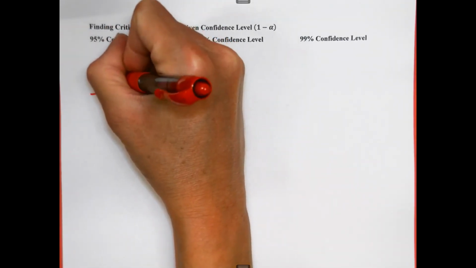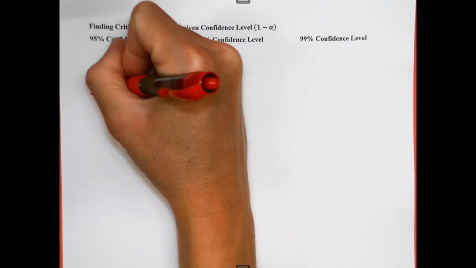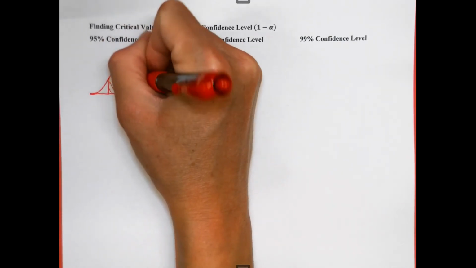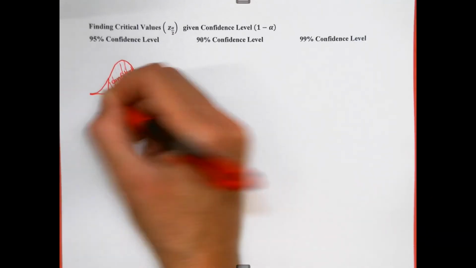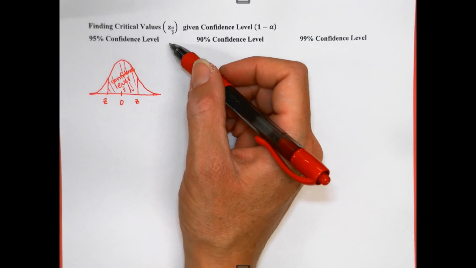So that is our confidence level. And we need to find what are the z-scores that cut off this area, specifically those we consider them to be our critical values.